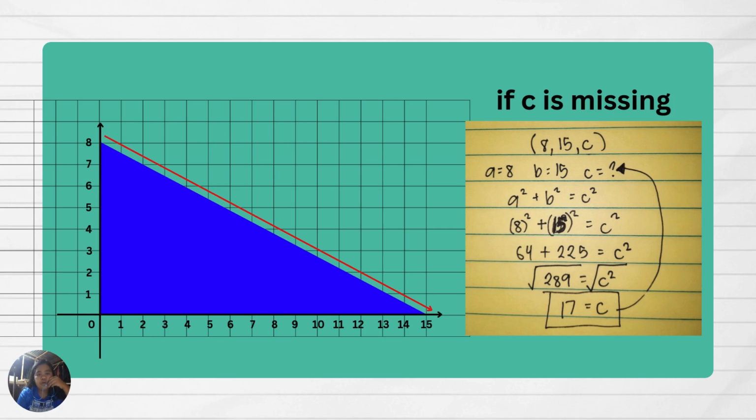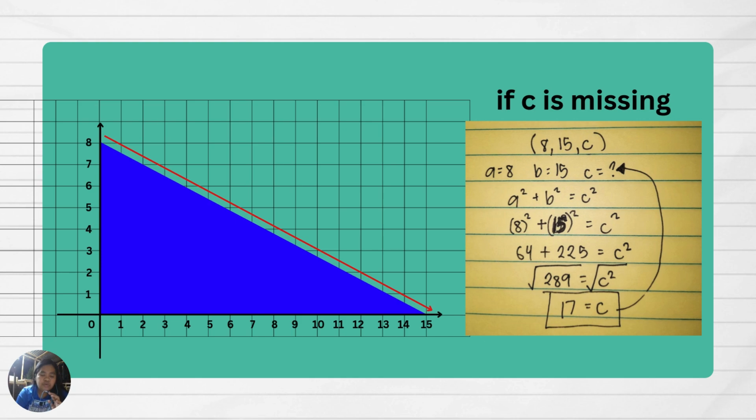Same as before, what if c is missing? So here we have to find the distance between the 8 and 15 coordinates. So here we have a is equal to 8, b is equal to 15, and c, the hypotenuse or the distance of these two coordinates, is missing. So here's the formula again. a squared plus b squared is equal to c squared.